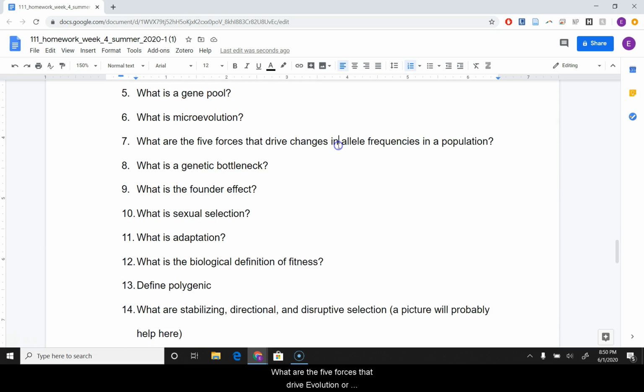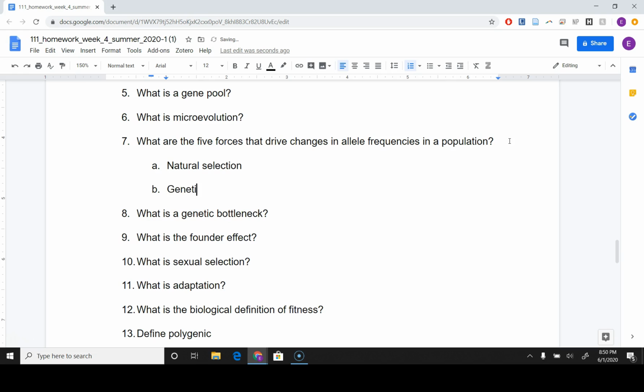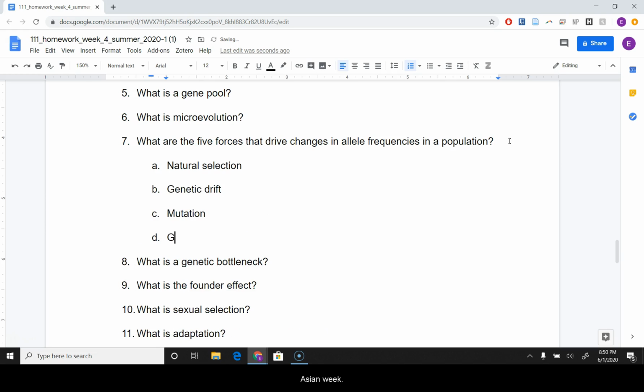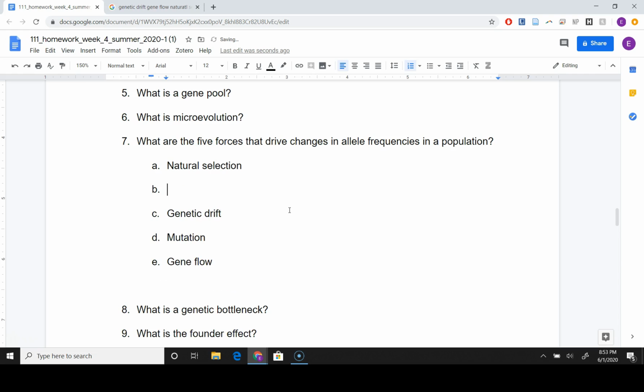What are the five forces that drive evolution or microevolution? Well, you have natural selection. List these here. You got natural selection, genetic drift, we've got mutation, we've got gene flow, and actually I kind of want to put this one under here, and we'll leave it as sexual selection.